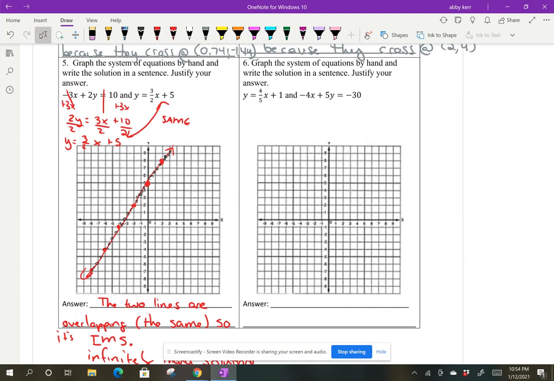Now for number 6, I'm going to begin at positive 1. Then I'm going to go up 4, right 5, up 4, right 5. Now I'm going to go down 1, 2, 3, 4, left 5, 1, 2, 3, 4, left 5.